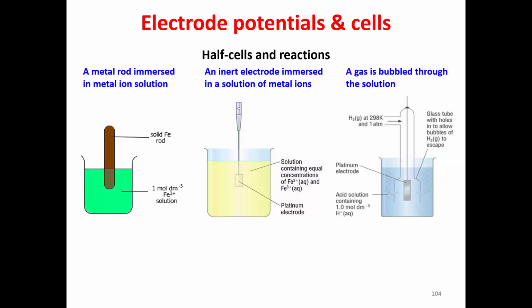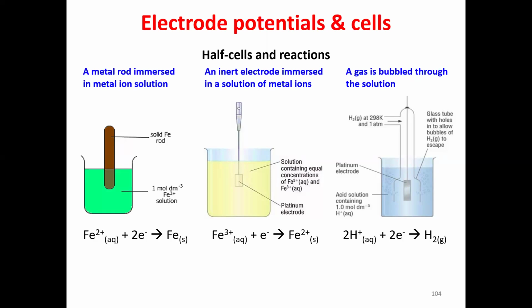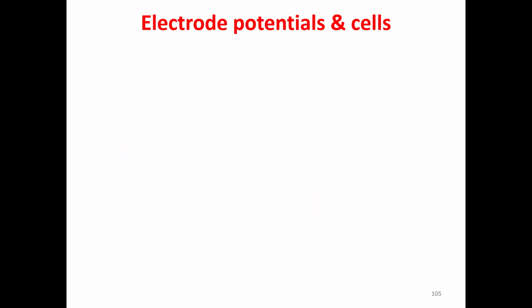Look at the half equations: Fe2+ + 2e- gives you Fe, Fe3+ + e- gives you Fe2+, and 2H+ + 2e- gives you H2. The half equations are important to show what's going on in the reaction.